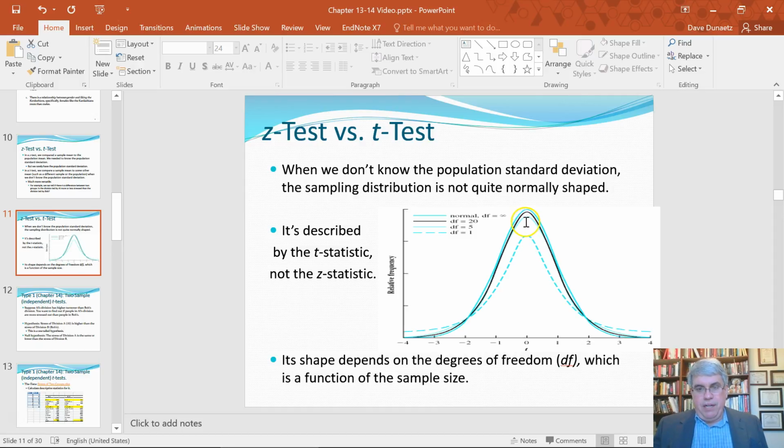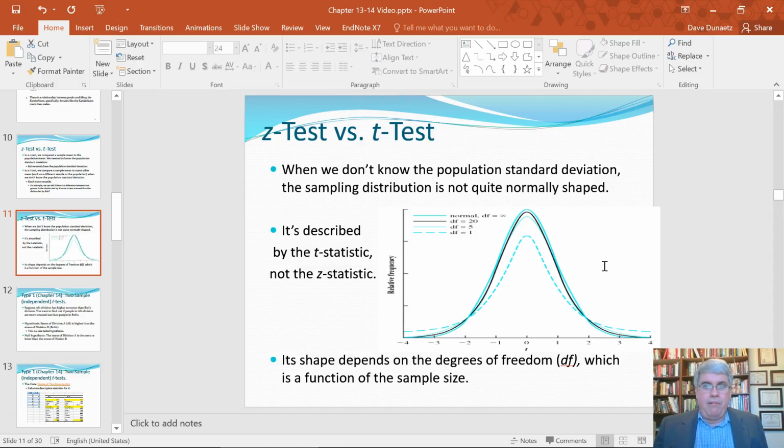With degrees of freedom 20, we get the black line, which is pretty similar, but the tails are a little thicker. And we go down further and further, and the tails get thicker and thicker as we go out, meaning that there's a higher percentage of the scores in those two tails.